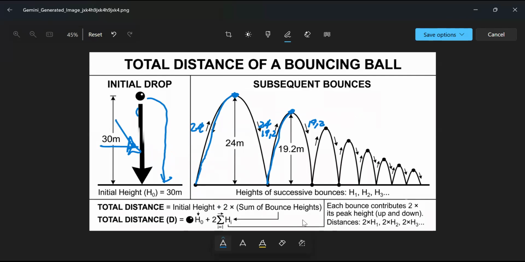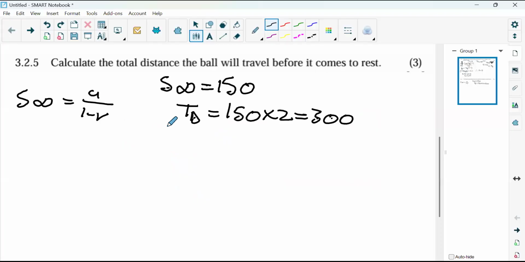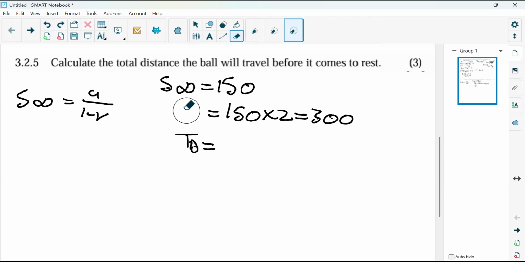So what are we going to do from here? This is not the total distance, it's the rise and fall. Let's just say rise and fall, which we can write as RF. Rise and fall is going to be given by 150 multiplied by 2, so that we're being specific that we're talking about the rise and fall.